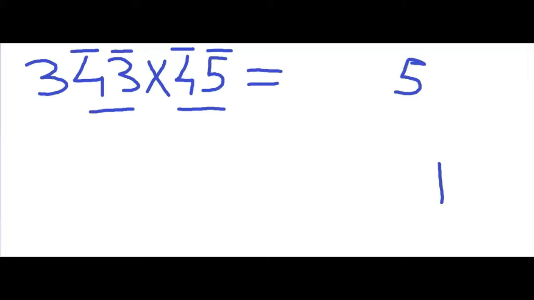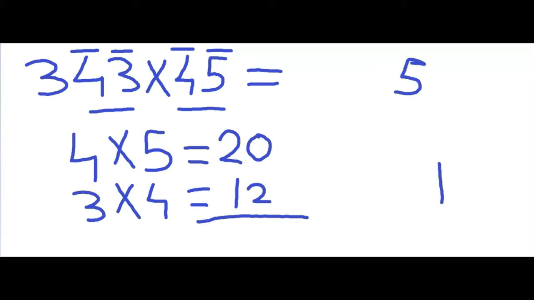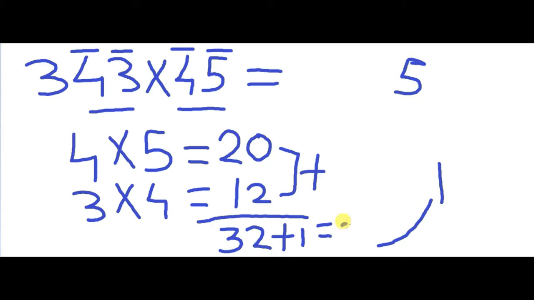So 4 into 5 is 20 and 3 into 4 is 12, and addition of these 2 is 32, and add the carry from the previous step, so is equal to 33. So write down this 3 in the answer and take this 3 as a carry for the next step. So move to the next step.